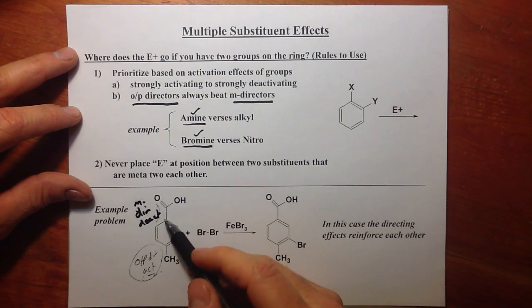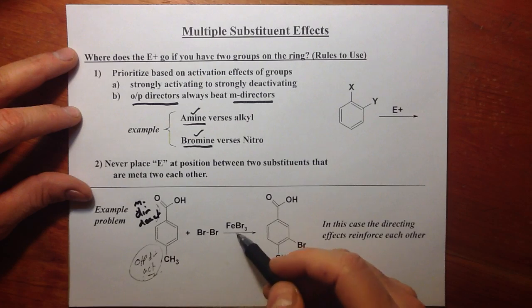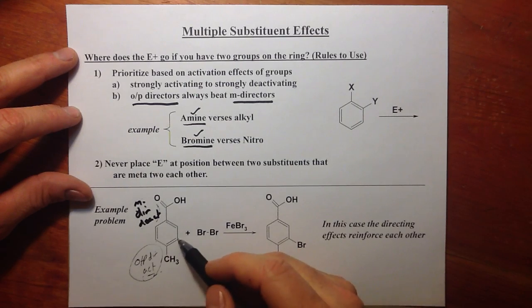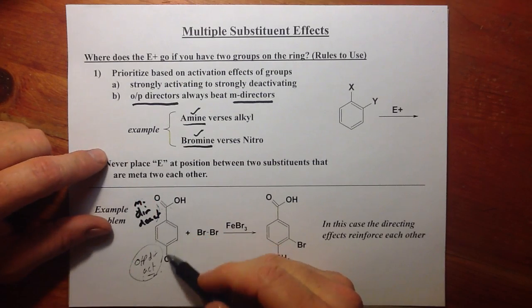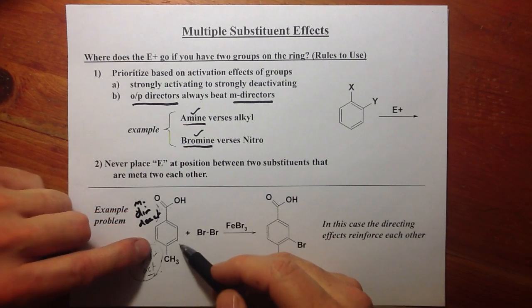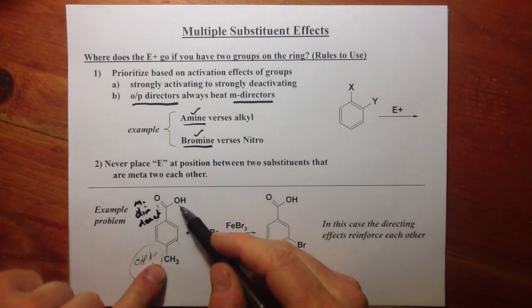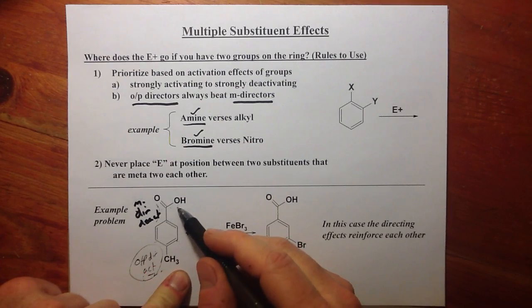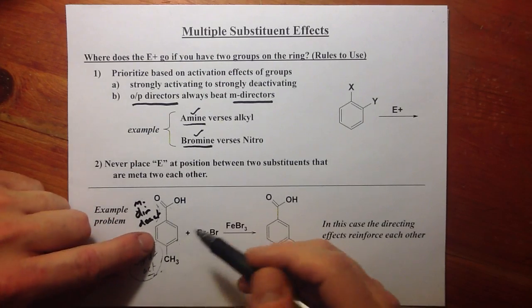We have a group there sort of blocking this from being used to attach the bromine or Br from Br2 and FeBr3, but we can use the ortho positions. Now these two groups are then in this case working together because this group is a meta-directing deactivator, which is also favoring these two positions. So these two groups are not competing against each other but are pushing the electrophile to the same position.